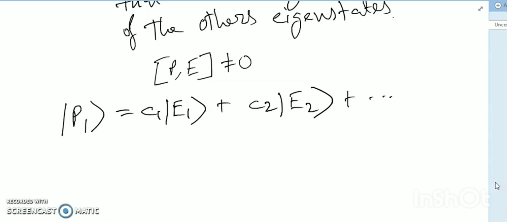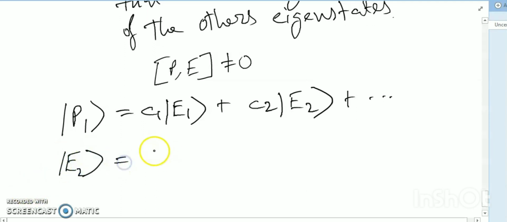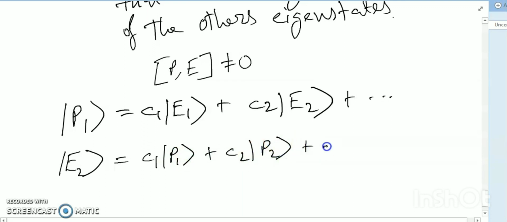You may not be able to measure both at the same time. Collapsing into the eigenstates of one can put you, E2 equals C1 P1 plus C2 P2 this way, into a superposition of the other. Now the fundamental connection between the commutator and the uncertainty principle.